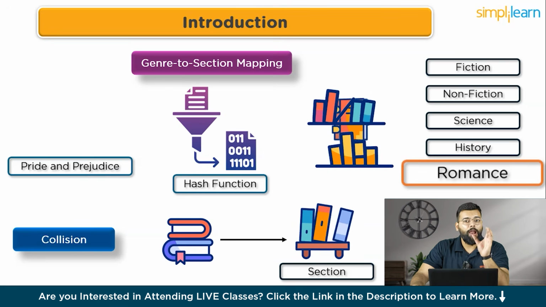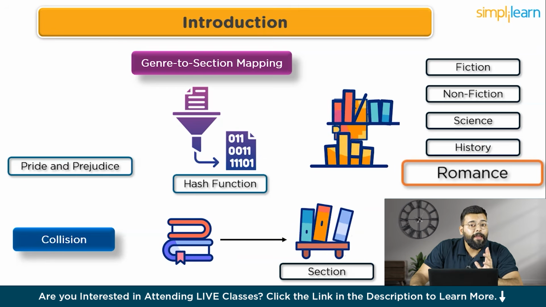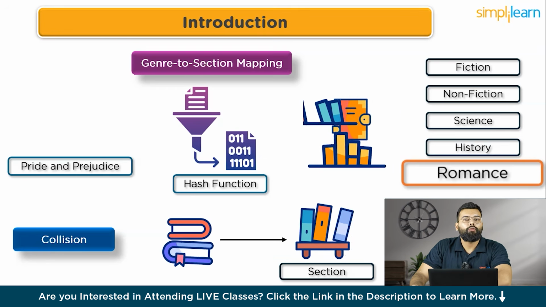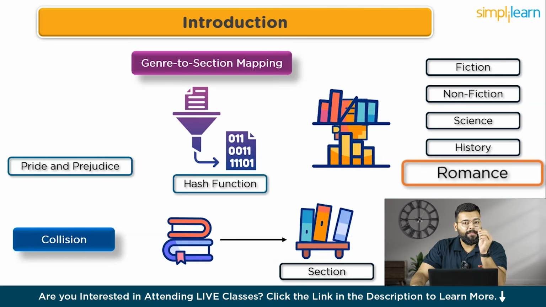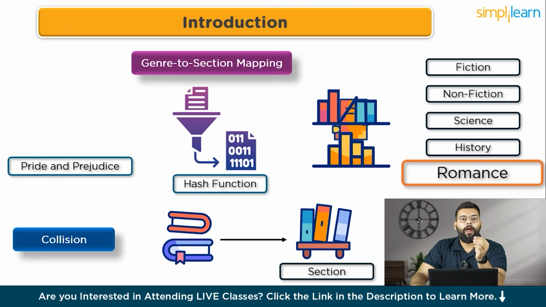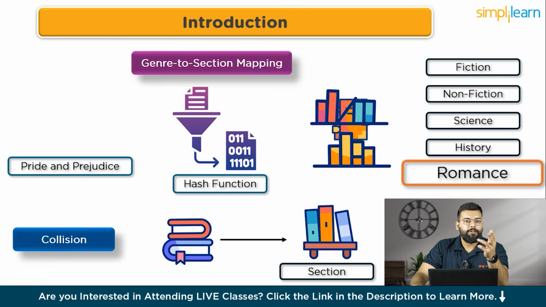This method allows you to quickly sort and locate books, similar to how hashing in computing enables fast data retrieval. And talking about collision handling, just like in computing, where hash functions need methods to handle collisions like chaining or open addressing, in the bookstore you use alphabetical order within each genre to handle multiple books of the same genre. And moving forward, we'll discuss these collisions.